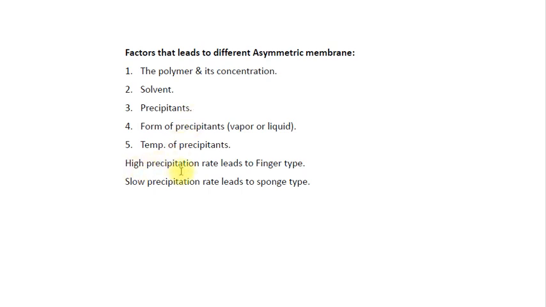It is also given that at a high precipitation rate you will get the finger type of structure, and at a lower precipitation rate you will get the sponge type of structure. So basically you can control the pore size precisely in this method, either by controlling the concentration of polymer, by choosing a different type of solvent, by choosing a different type of precipitant, by changing the rate of precipitation, or by changing the rate of temperature change.